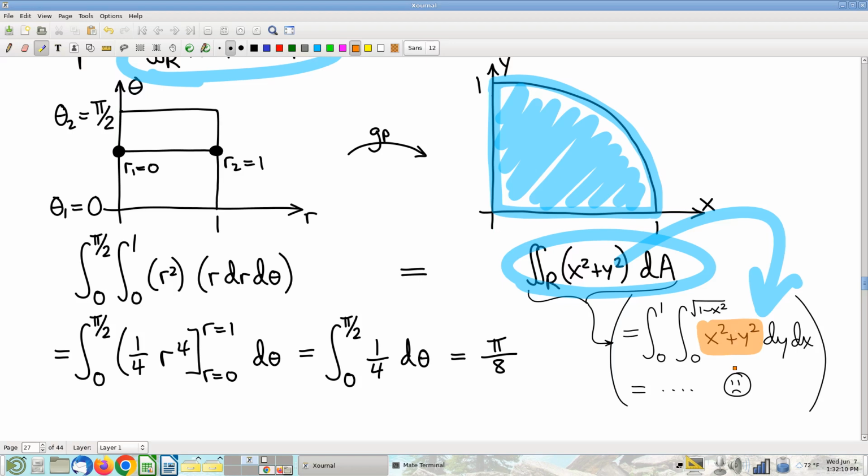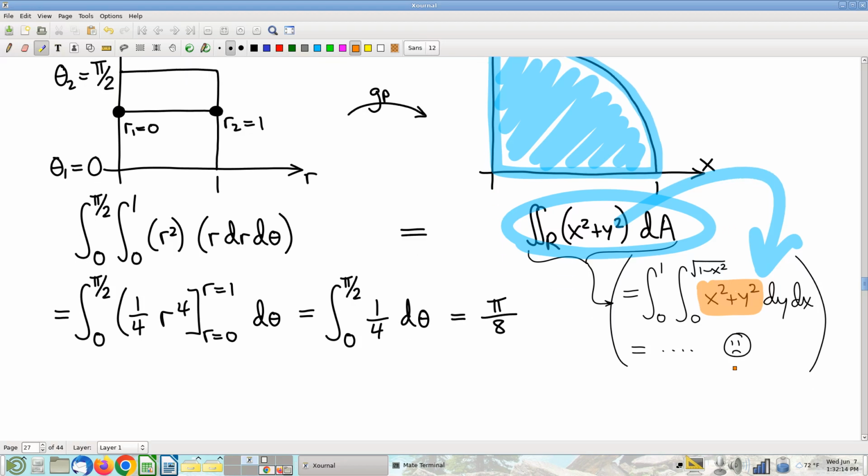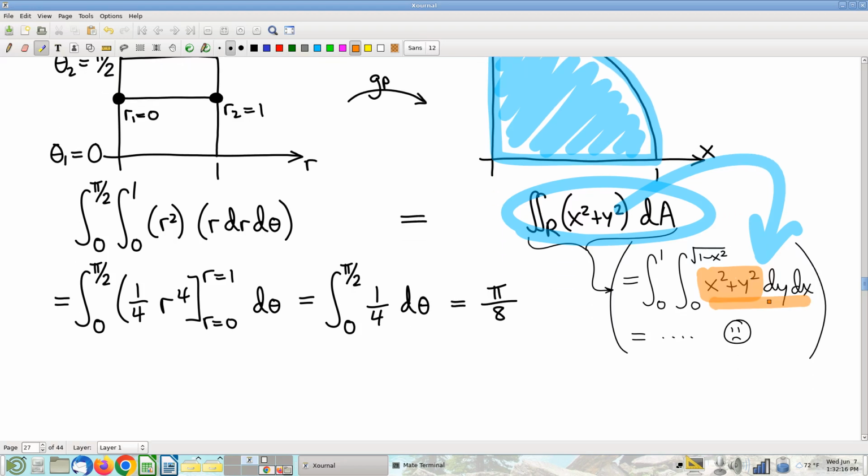That has exclusively even powers of y. That means when you do the dy integral, you're going to have odd powers of y, into which you will be plugging square roots. Square roots raised to odd powers leave square roots as residues.